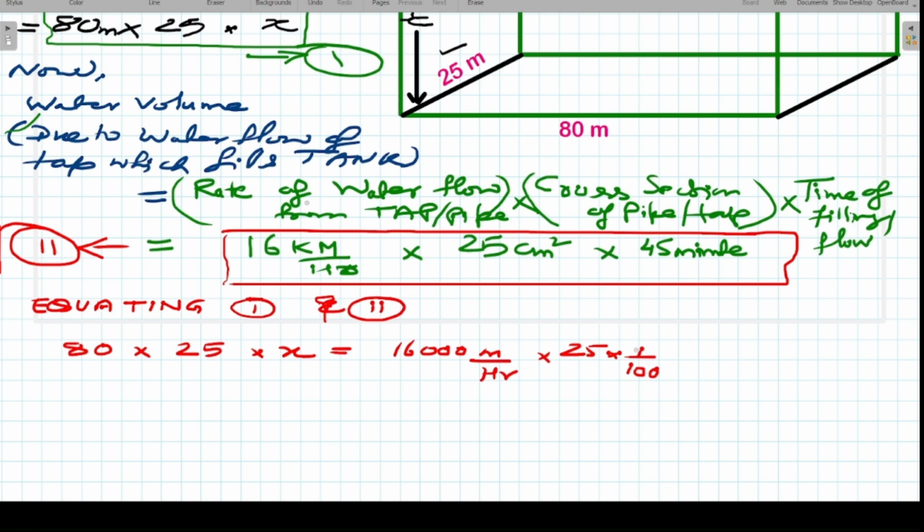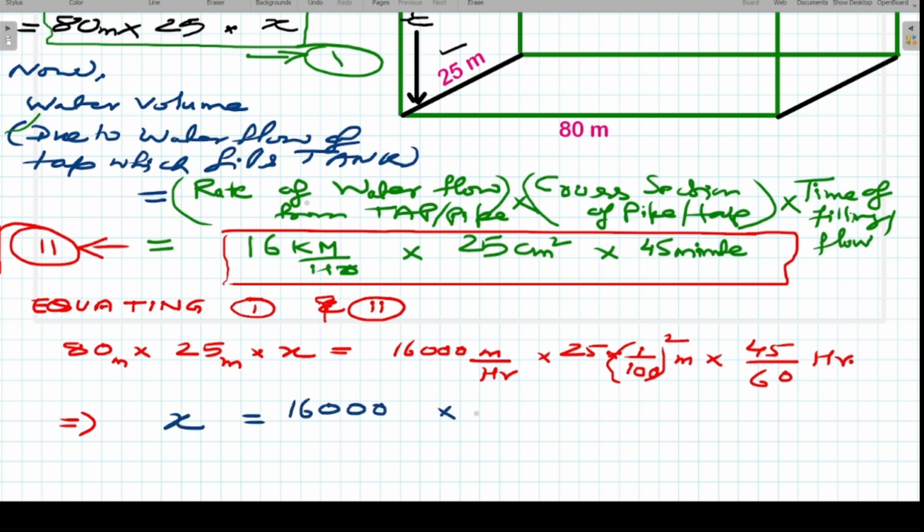Similarly, 25 centimeter square: centimeter is squared, so twice. 1 centimeter is equal to 1 by 100 meter, so centimeter square is equal to 1 by 100 whole square. And 45 minute will be divided by 60 to convert it into hour.